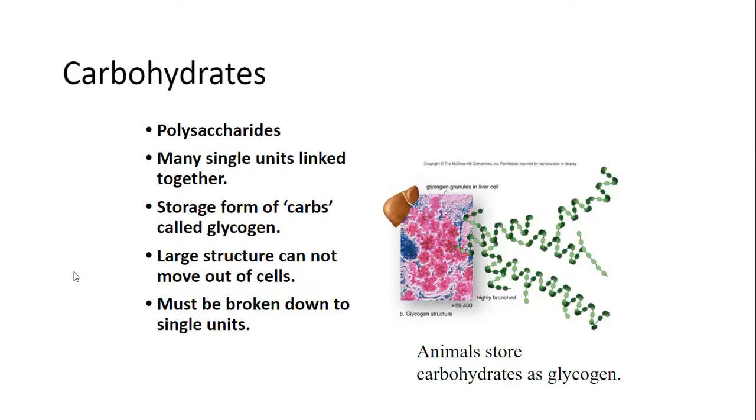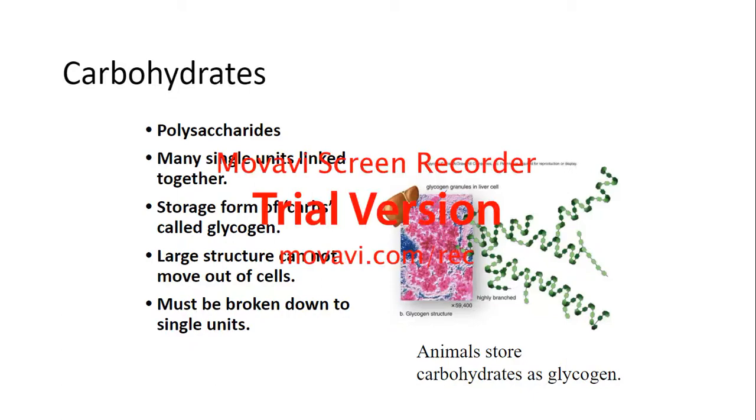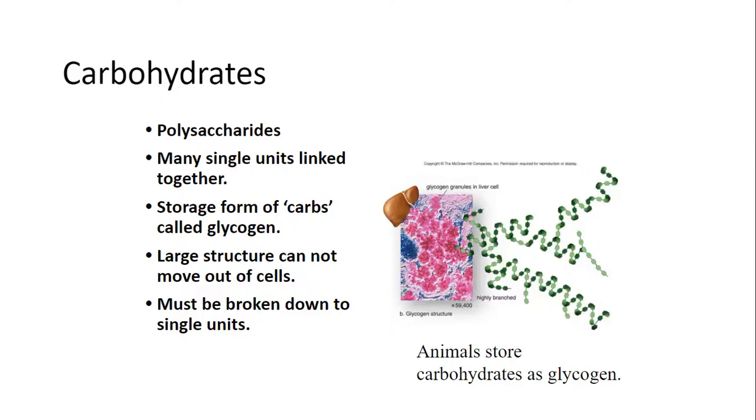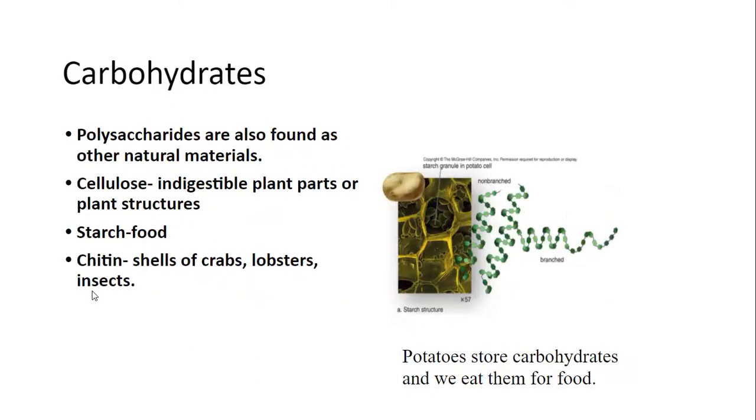So polysaccharides, many single units linked together. Again, glycogen is also another example of a polysaccharide. Glycogen is a storage form of glucose, so storage form of carbs. You also find polysaccharides in other natural materials.